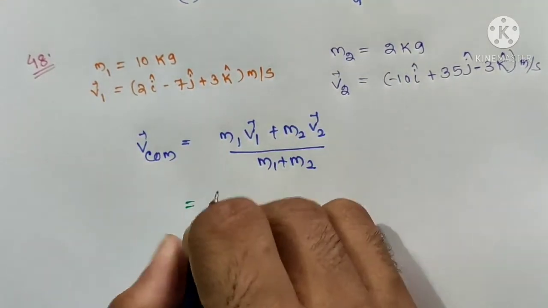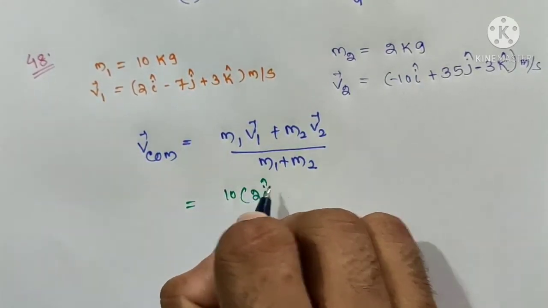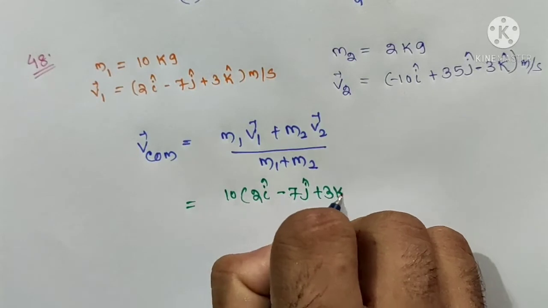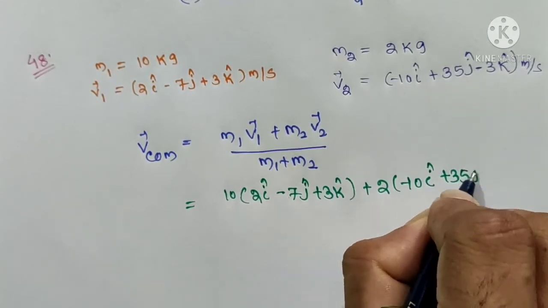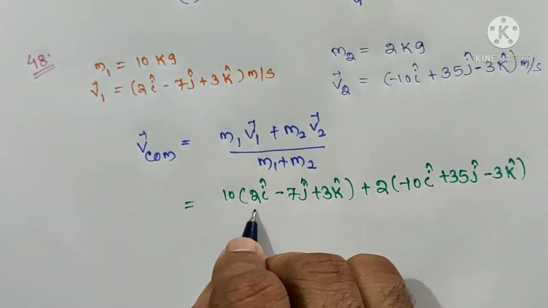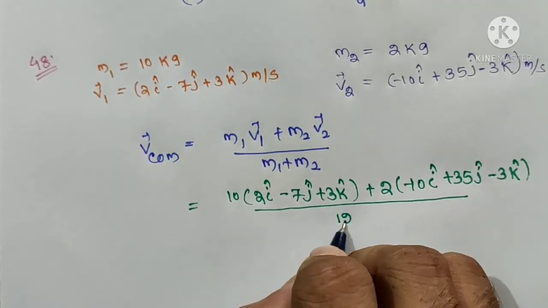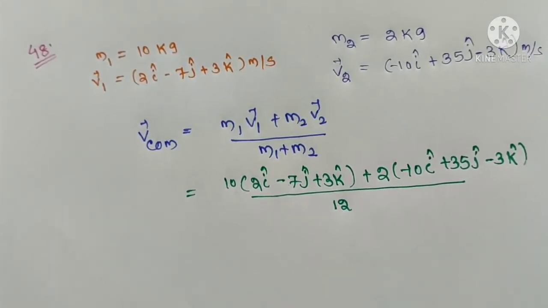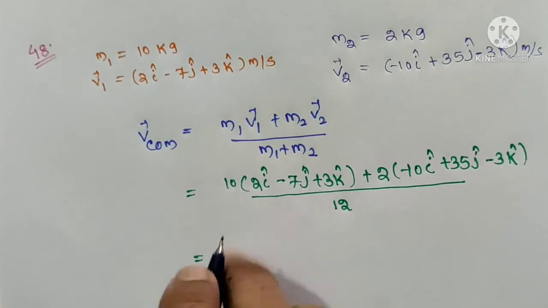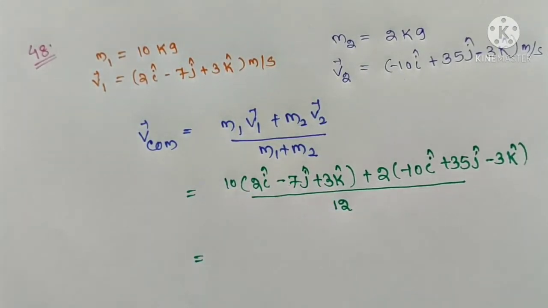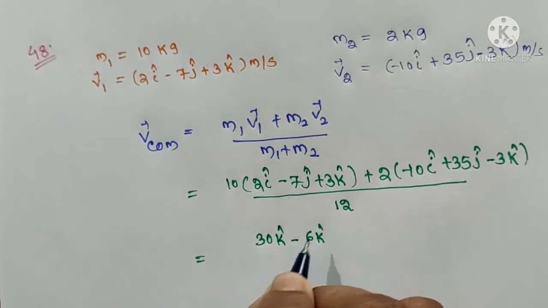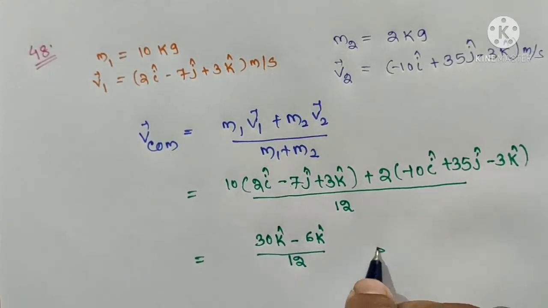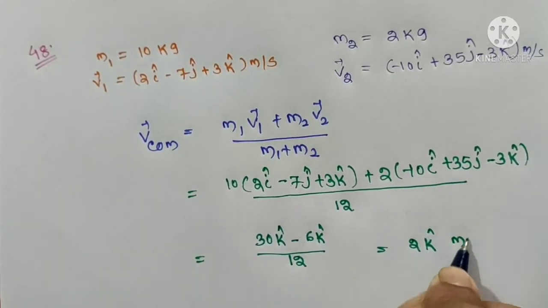So 10 times (2 i cap minus 7 j cap plus 3 k cap) plus 2 times (minus 10 i cap plus 35 j cap minus 3 k cap) by 12. So see, now calculate: the i cap and j cap terms will cancel. Now it is 30 k cap minus 6 k cap, so (30 k cap minus 6 k cap) by 12, and it is equal to 2 k cap meter per second.